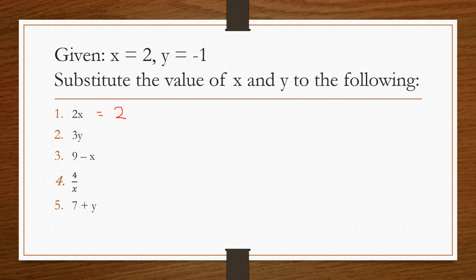So, 2 times 2. 2 times 2 equals 4. Then, 3 times the value of y is negative 1. So, 3 times negative 1 is equals to negative 3. Then, 9 minus, okay, magulo na naman ang kamay ko.